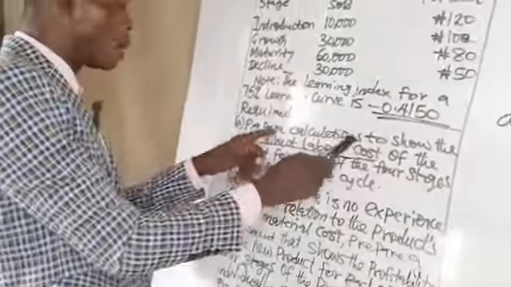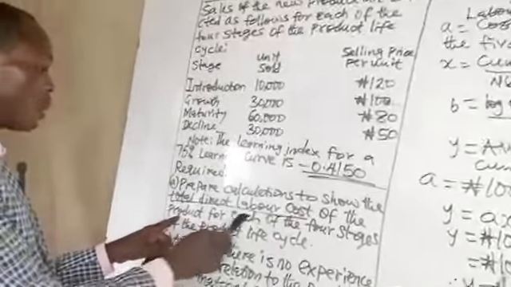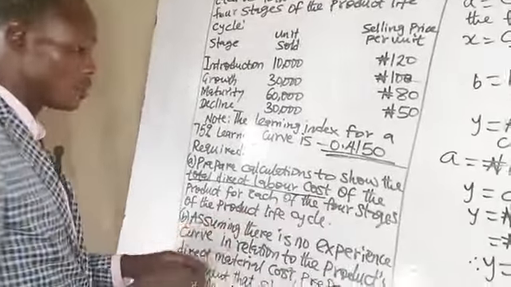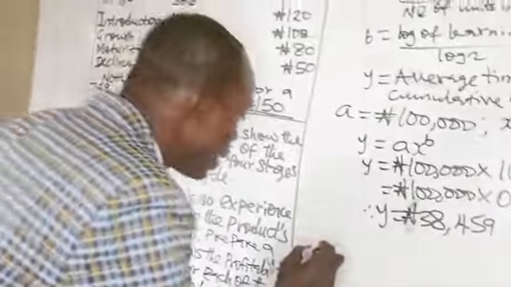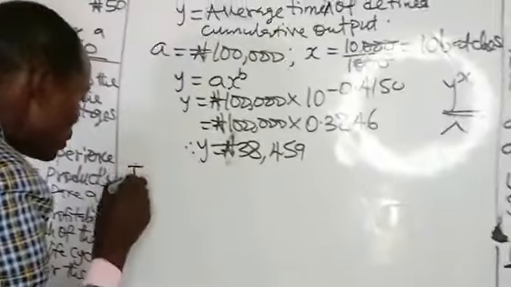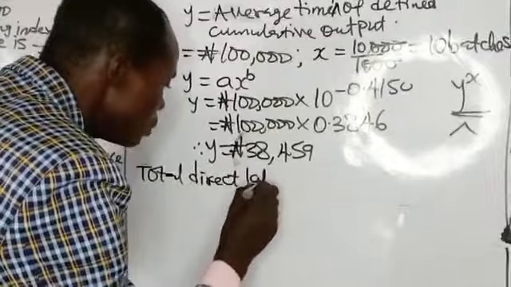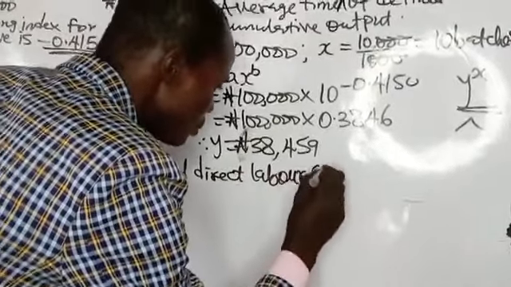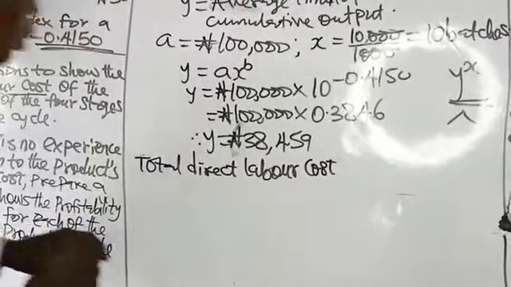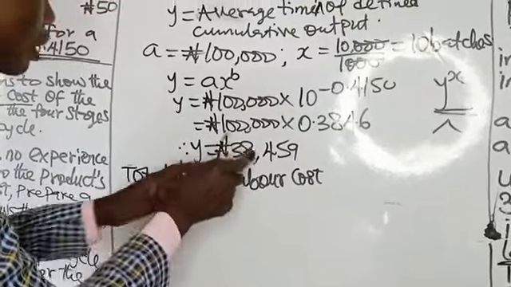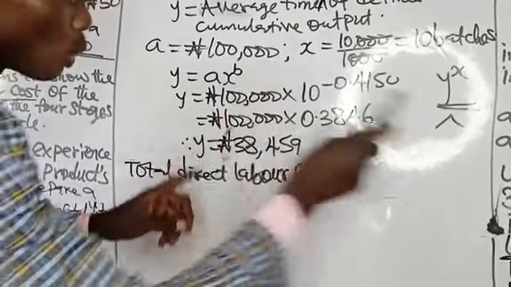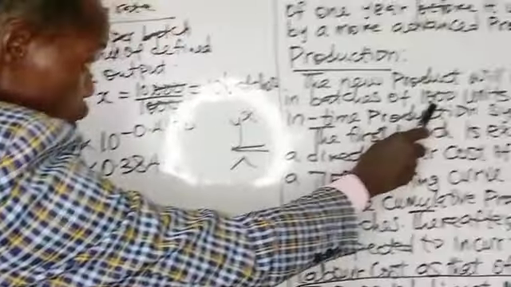Your requirement is to prepare a calculation to show the total direct labor cost of the product for each of the 4 stages. Therefore, at the introduction stage, the total direct labor cost: remember, this is per batch, and a batch is 1,000 units.